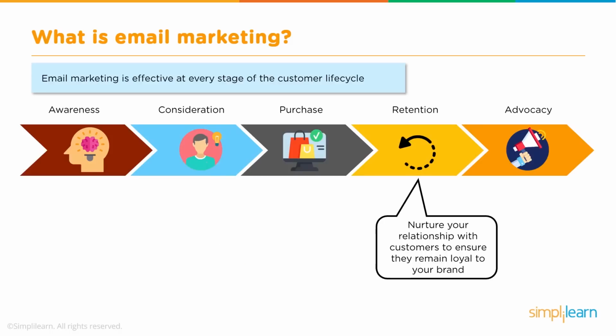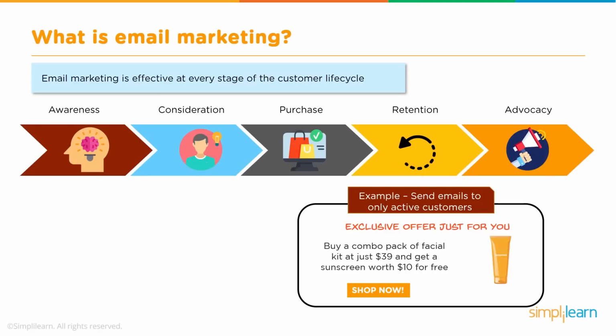We want to take the next step in the life cycle and nurture our relationship with customers to ensure they're loyal. If they've already purchased, how do we get them to purchase again? That's retention. We want to retain our customers. We want to get them back to buy the same product or similar products or completely different products in our inventory. So what do we do? We're going to send an email to active customers. We're going to give them an offer just for them, exclusively.